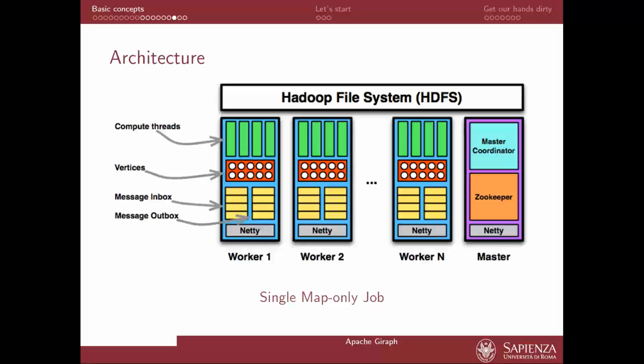ZooKeeper can provide some modules like combiners or aggregators, and each worker has a set of nodes assigned by the master in the first phase. Then for each superstep we compute a partial solution that is spread in the network by the Netty module.